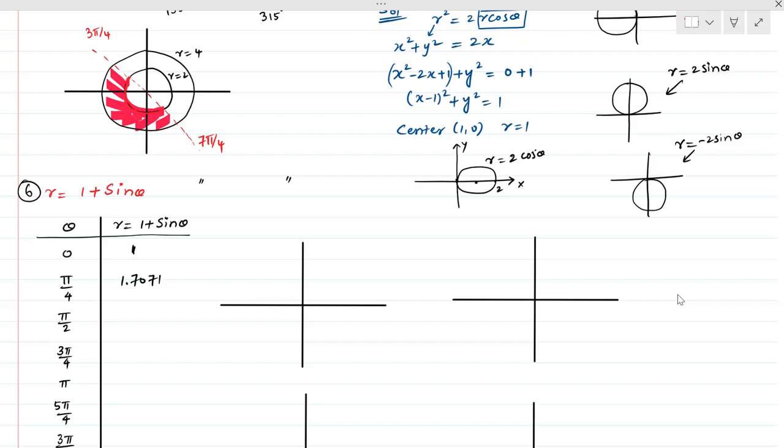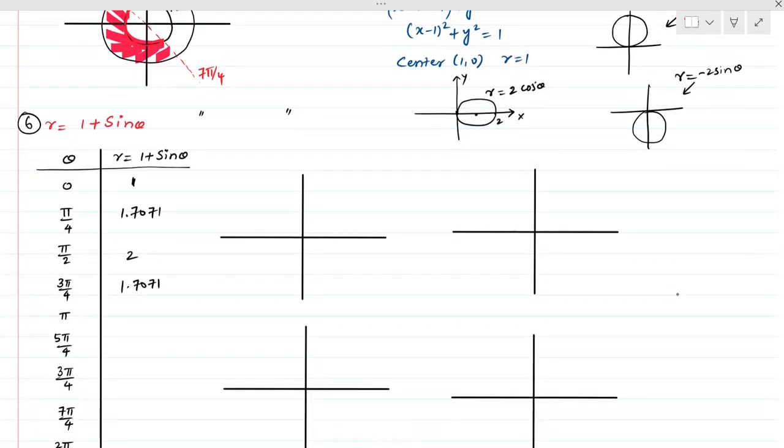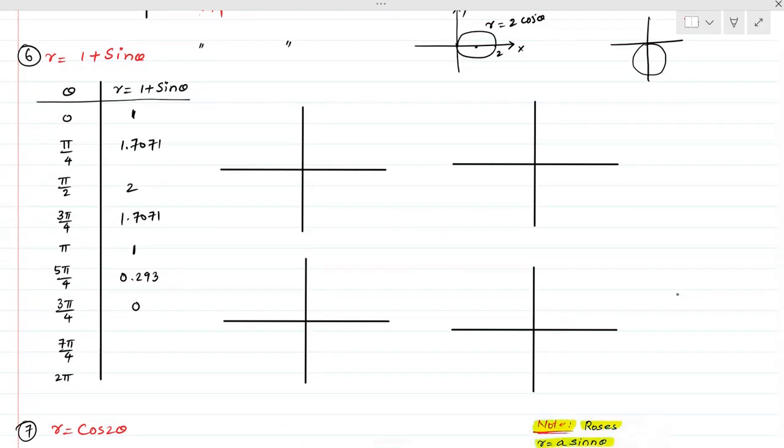Similarly, if you calculate the rest of the values, you will get 2 here, and here 1.7071, and the next pi value: sine pi is 0, 0 plus 1 which is 1. For 5 pi over 2, the value will be 0.293. Calculate using the calculator the same way. Here you will get 0, and this one is 0.293, and the last one is 1 because sine 2 pi is 0, plus 1.